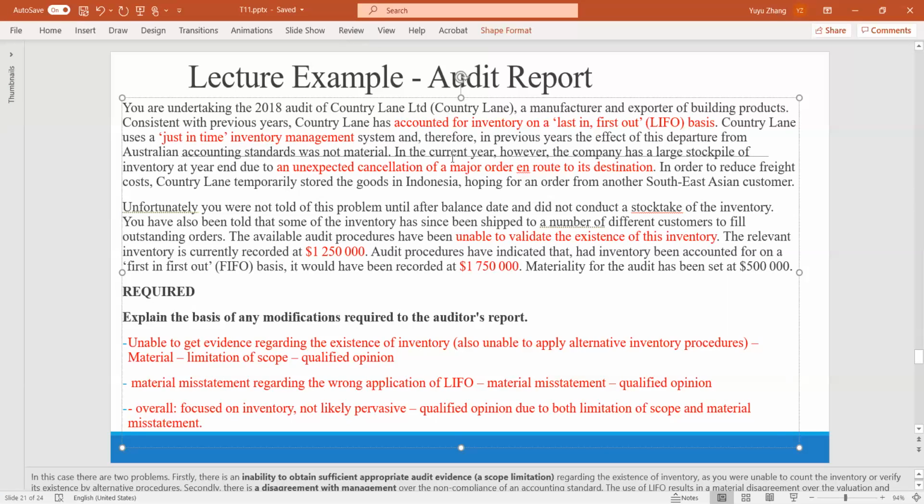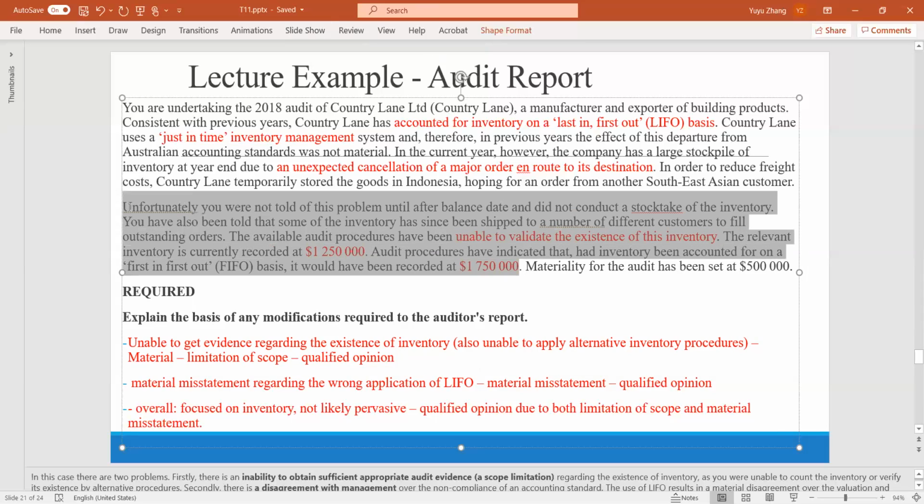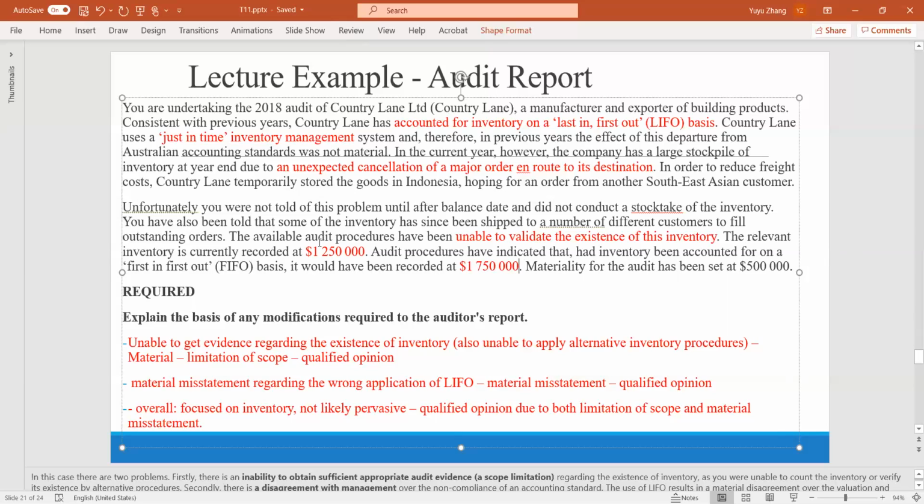And you could also argue that the inability to validate the test might give more than that, because if the potential misstatement is not likely to be validated, it could be up to the recorded value, right? For example, if you are using this number or this number, suppose this is 1% of the total assets.